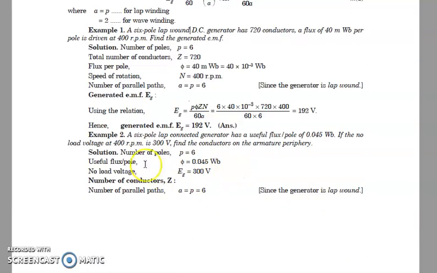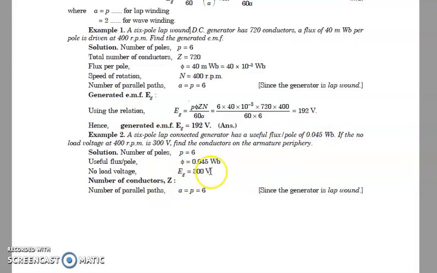Let's do another example. A 6-pole lap connected generator has a flux per pole of 0.045 webers. If the generated voltage at 400 rpm is 300 volts, then find the conductors on the armature periphery. In this numerical, you have to find Z, the conductors. The number of poles given is 6. Flux φ is given as 0.045 webers.